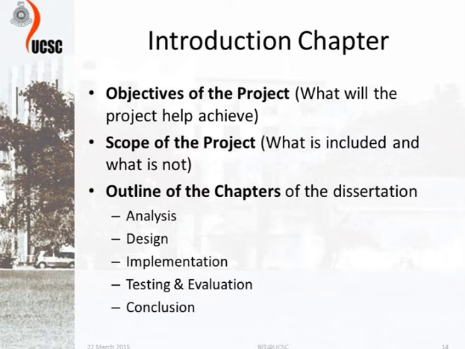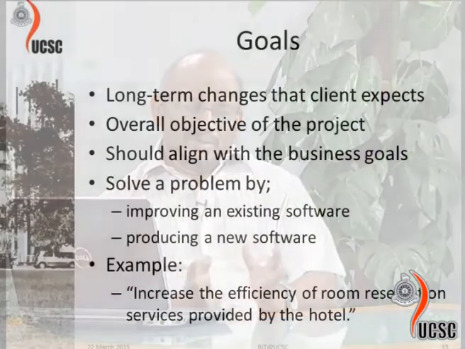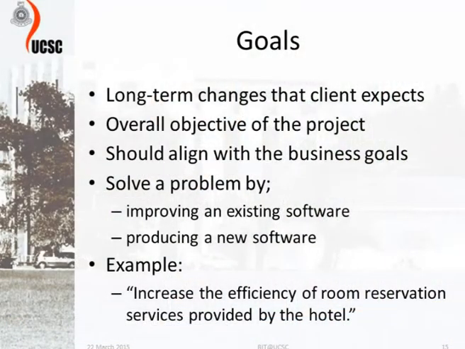So, some idea of that also should be explained as part of the chapter. Next, I will try to elaborate a little bit more on the goals and the objectives. So, a goal is generally trying to have a long term vision.